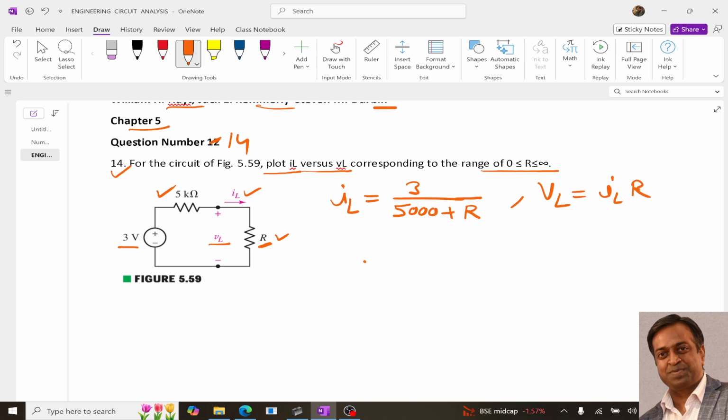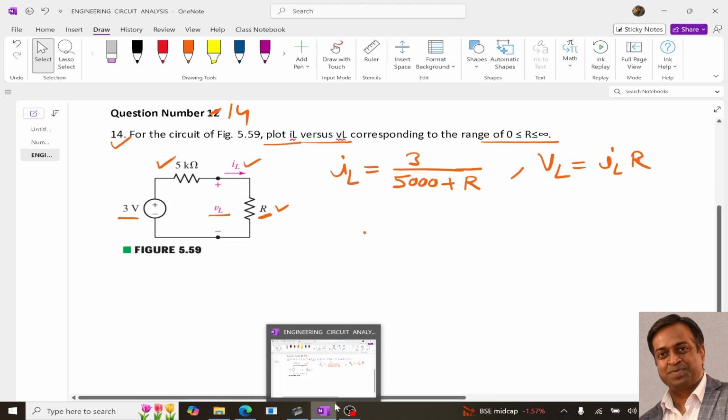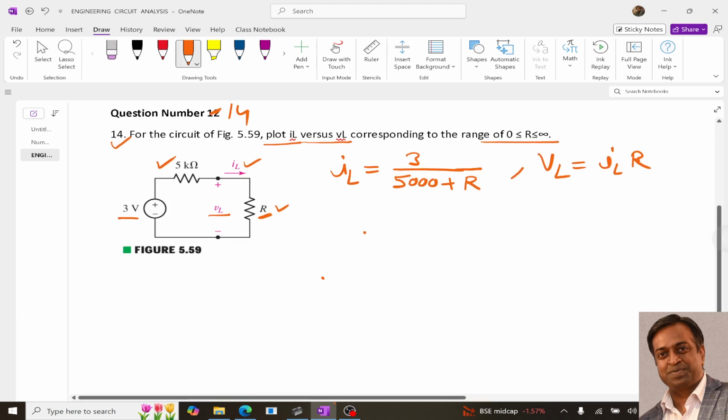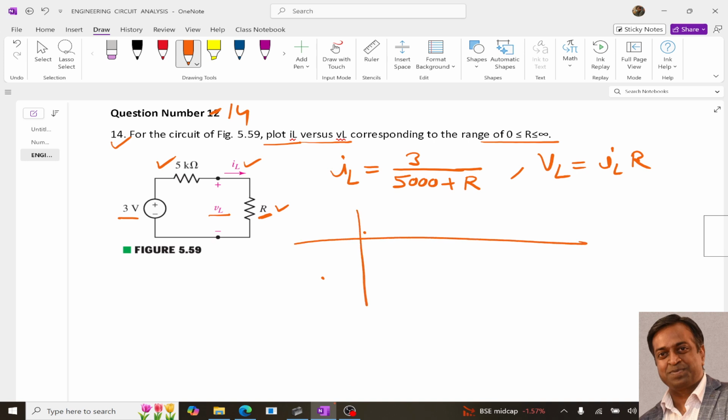Now for this we can draw a table where we can change the value of R, IL and VL, right?